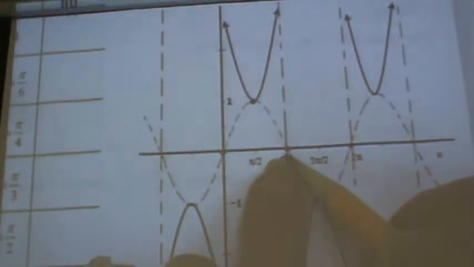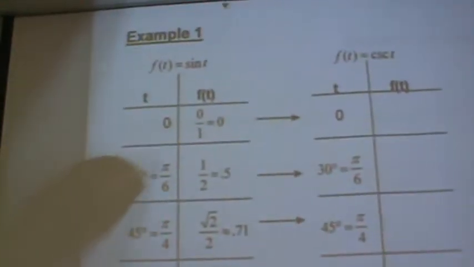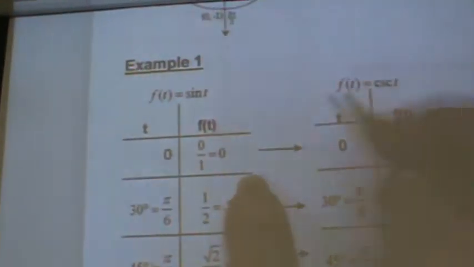Do you remember this? And we did all the way up to -2 pi. Right here is the graph of the sine curve, and here's your 0, okay? And here's the graph.